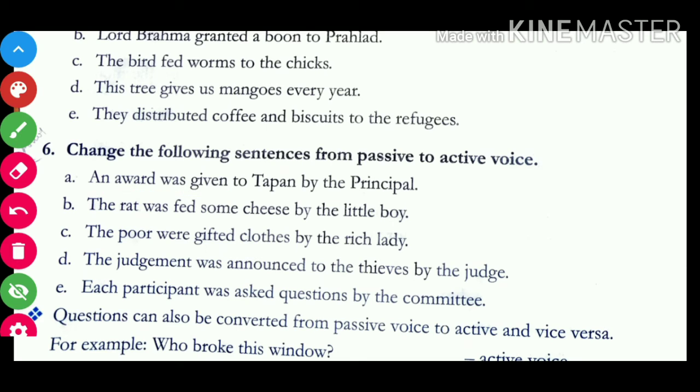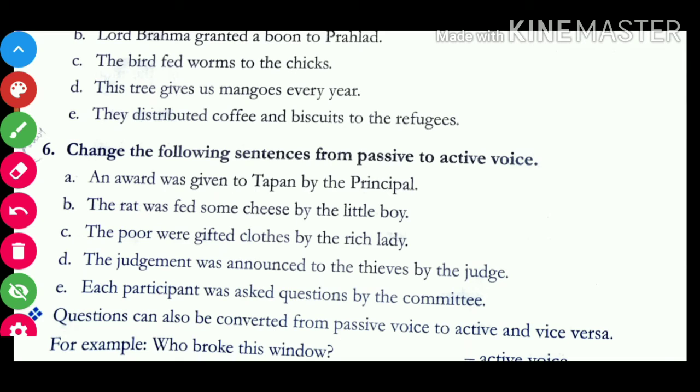Or you can write, अपन को एक एक्टिव वॉइस लिख लिया, अब इसी का अपन को एक पैसिव वॉइस मिल जाएगा. एक पैसिव वॉइस बन सकता है एक्स्ट्रा इसमें हमारे पास, है ना? तो क्या बनेगा? Tapan was given an award by the principal. एक एक्टिव वॉइस बन गया और एक पैसिव वॉइस बन गया, इसी का ही. ओके.